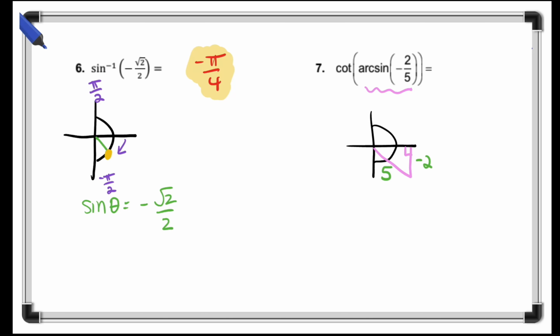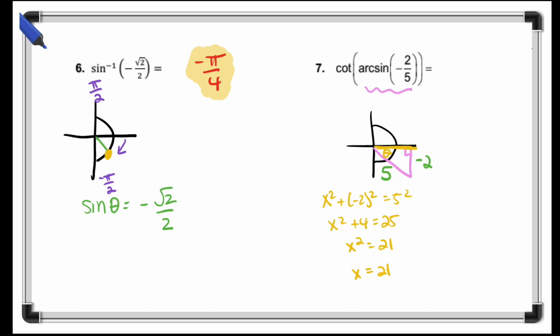So here is theta. I want to figure out what's that missing side. If I do my Pythagorean theorem, I have x squared plus negative 2 squared equals 5 squared. So that gets me 4 and 25, which gets me 21.